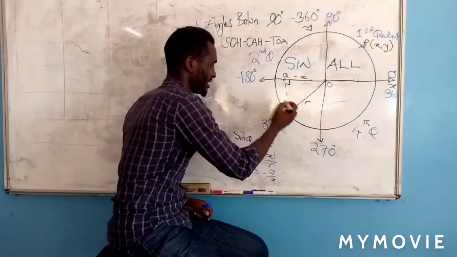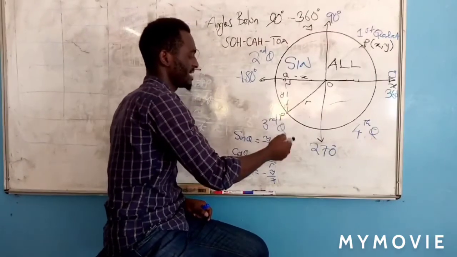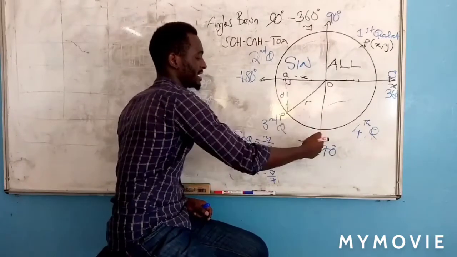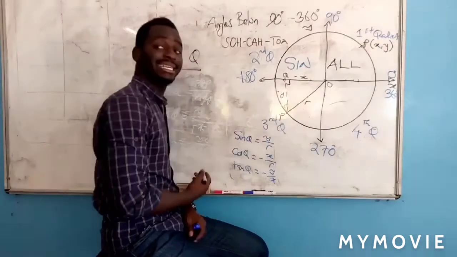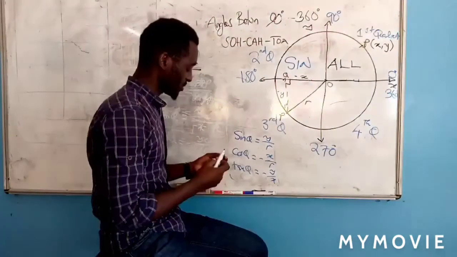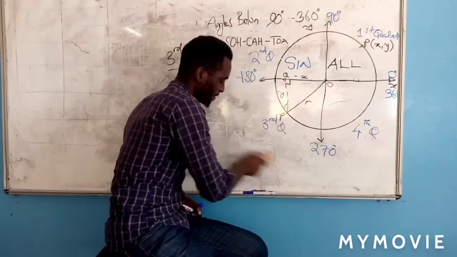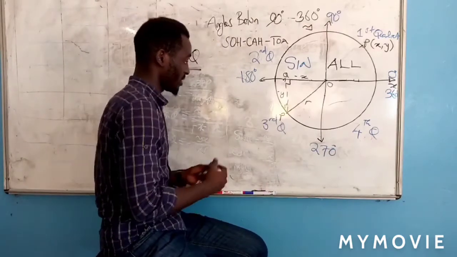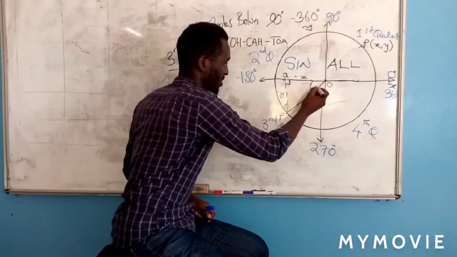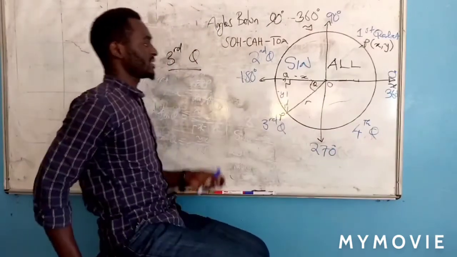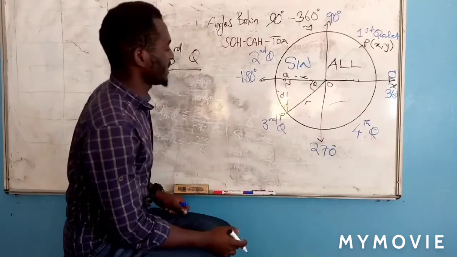This one is the radius, and this one is in respect of y. And this time the y is also negative. So allow me to now apply the SOHCAHTOA. Don't forget that the angle is still being formed from the x-axis.